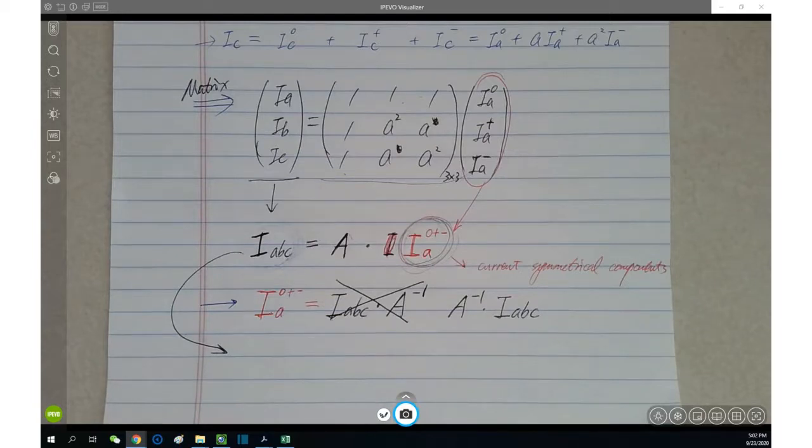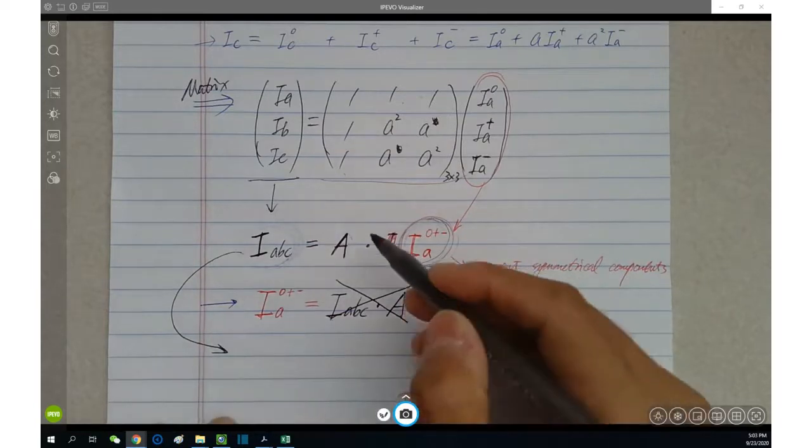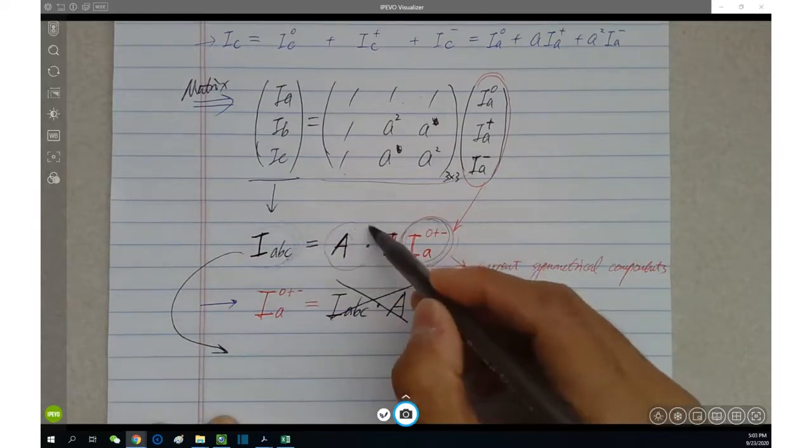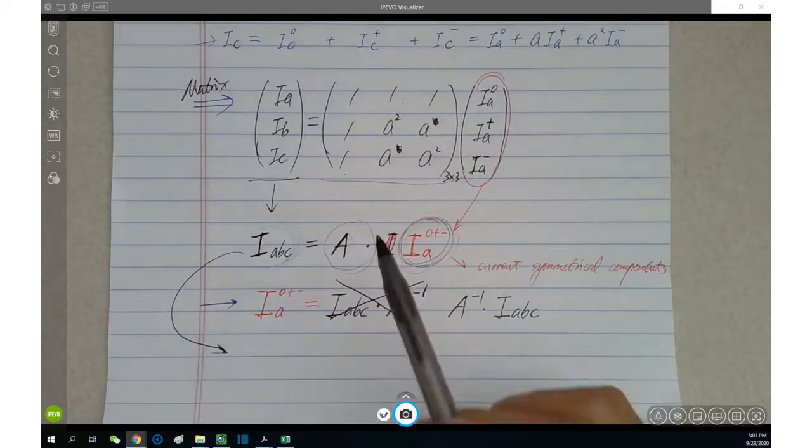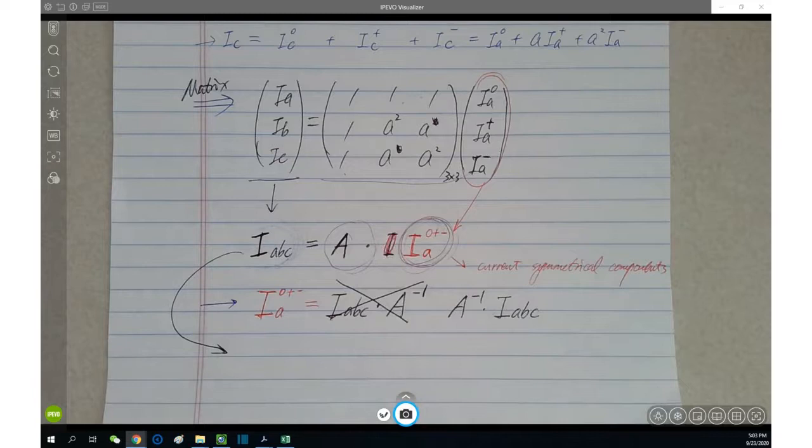It doesn't exist. Now, how do we make this A go away? You need to build up a unity matrix, an identity matrix, instead of the constant 1 in algebra. How to make that happen?